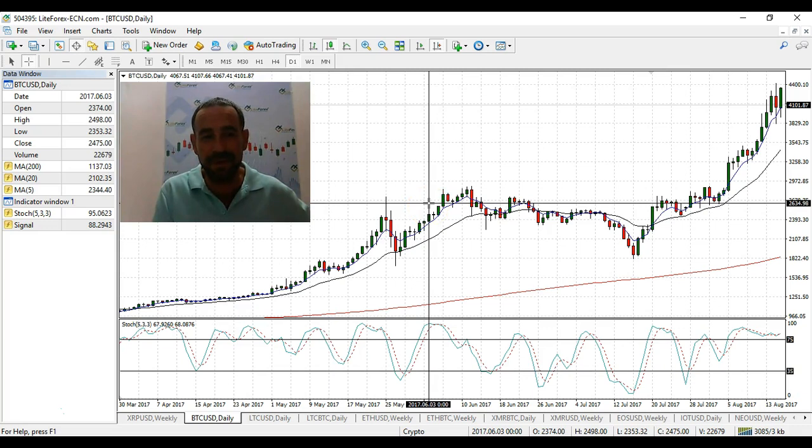You can see in the data window we have the values for each bar. We can find the values of the fast moving average, the medium 20 moving average and the slow 200, as well as the stochastic, both of its lines, the fast line and the slow line.